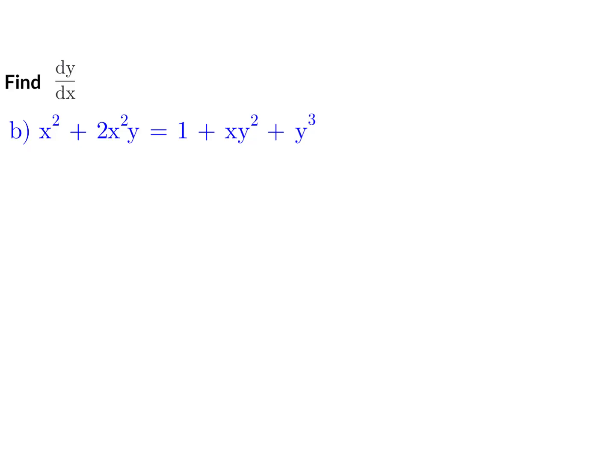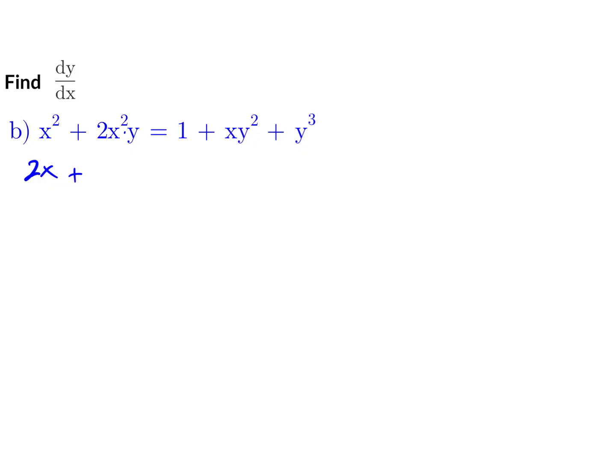This one's pretty straightforward, right? Derivative of x squared. What is it? 2x. Now what am I going to have to do with this? This is the product rule. Now, here's the way that I would think about this, just to make things easier. Think of the first function as 2x squared.